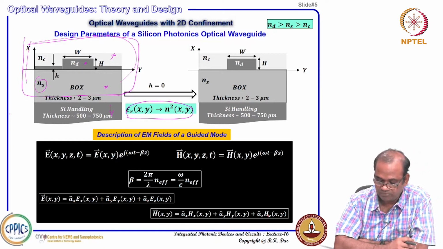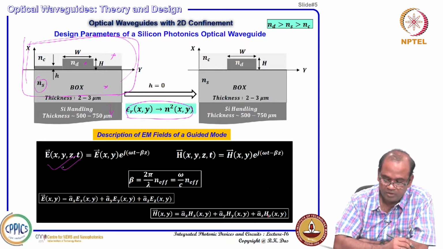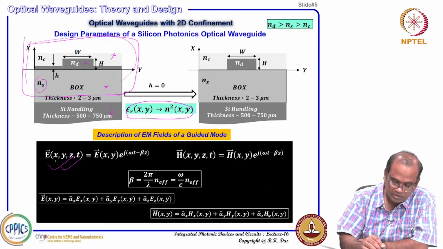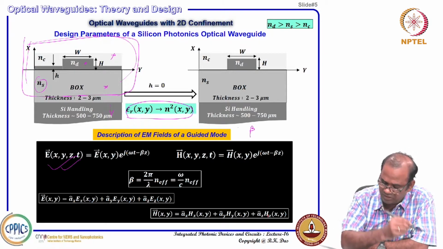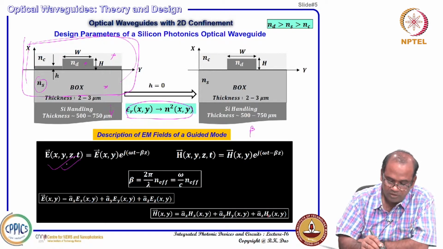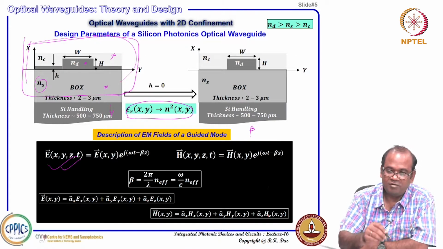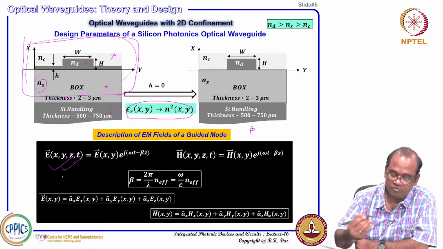invariant along the z axis. So, you can imagine that this is your electric field associated with a mode. This electric field is associated with a mode having a propagation constant, for example, beta. You know that this field is x, y, z dependent, because the dielectric constant is different in this cross section, and along z direction it is not changing, but it is propagating, the wave is propagating.